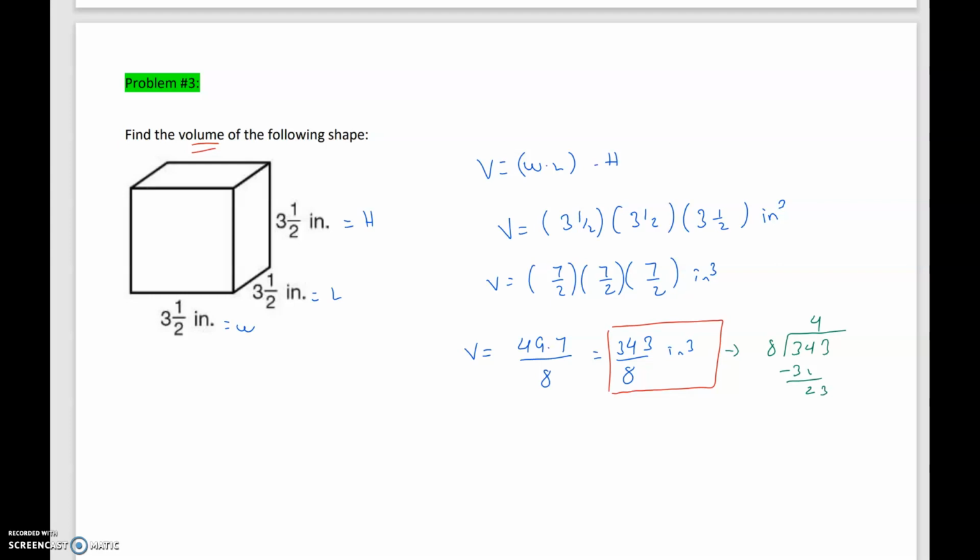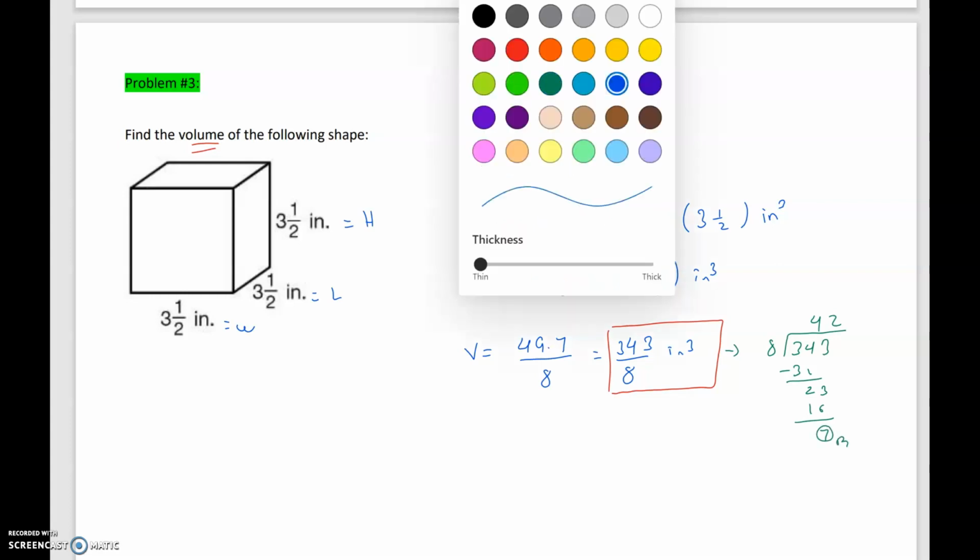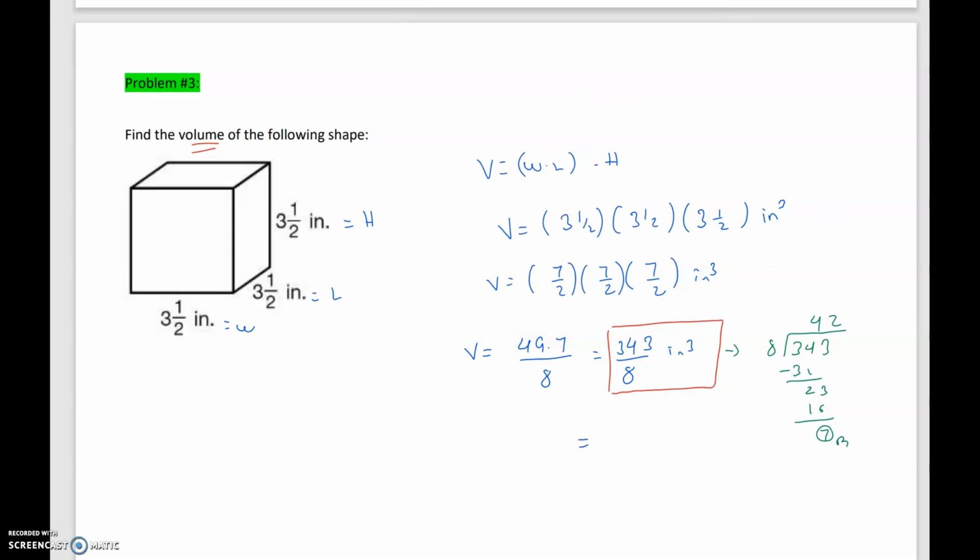It'll be a 2. 8 times 2 is equal to 16 with a remainder of 7. Okay, so we can also express the volume as 42 and 7/8 inches to the third power.